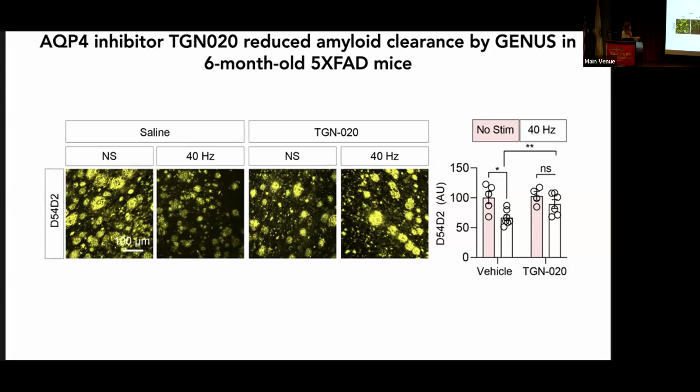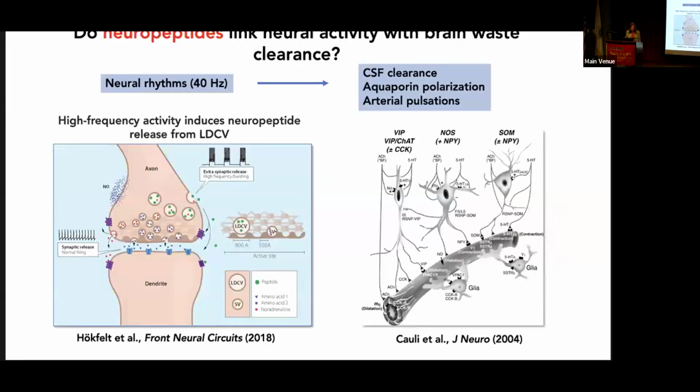Here we show that with stimulation, we saw reduction of amyloid, but when we inhibit the lymphatic clearance, this clearance is ameliorated. So this experiment showed that indeed GENUS-induced amyloid clearance is mediated by the lymphatic clearance.